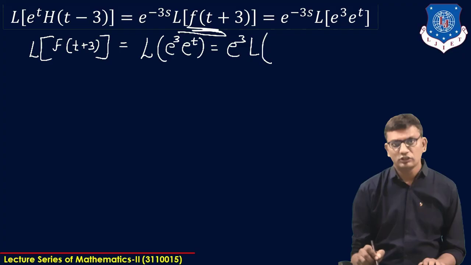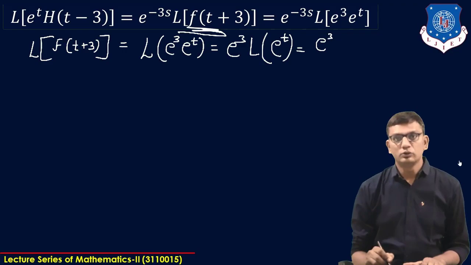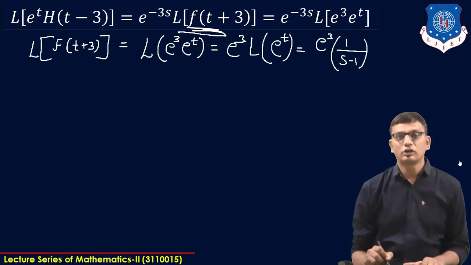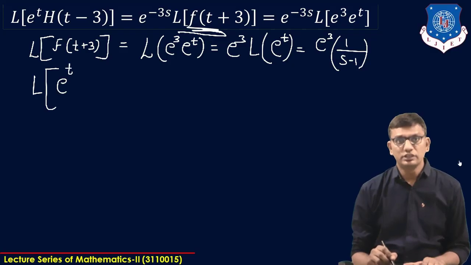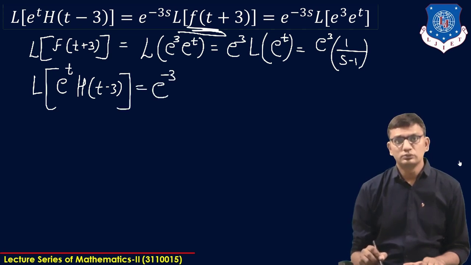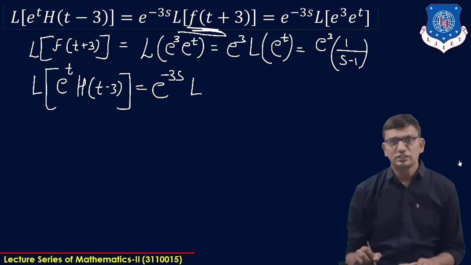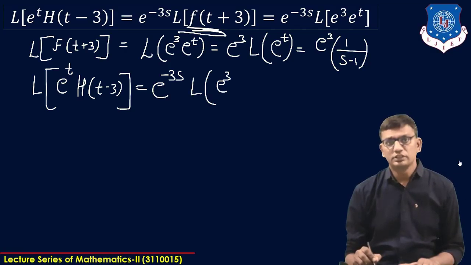Then we have Laplace of e raised to t, and that is equal to e cube upon s minus 1, which is the Laplace of e raised to t. Now Laplace of e raised to t h of t minus 3 is equal to e raised to minus 3s into Laplace of e cube into e raised to t, which is already found here.